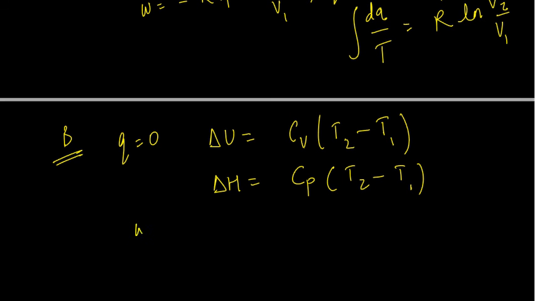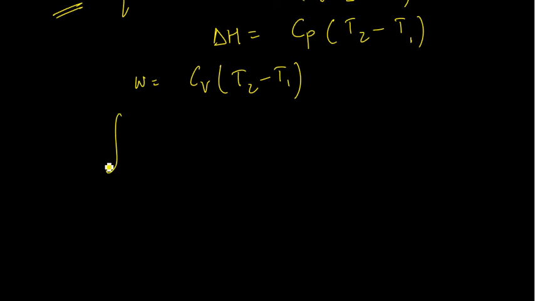Delta H. It's again an ideal gas. Now I know work. dW is du minus dq, so it's just delta U. And our last quantity, path C, the last one.